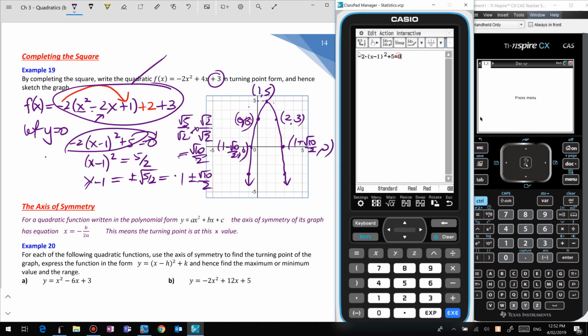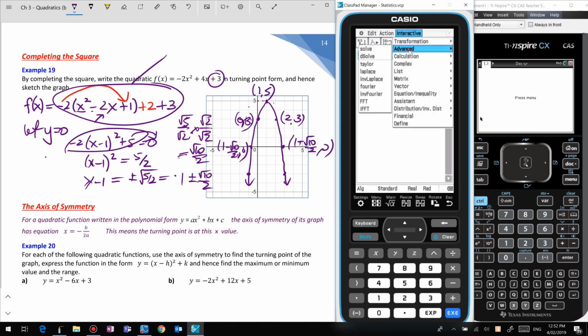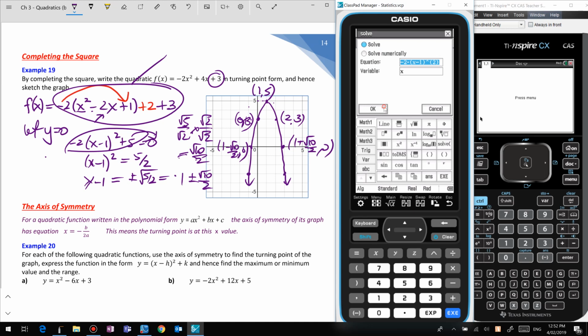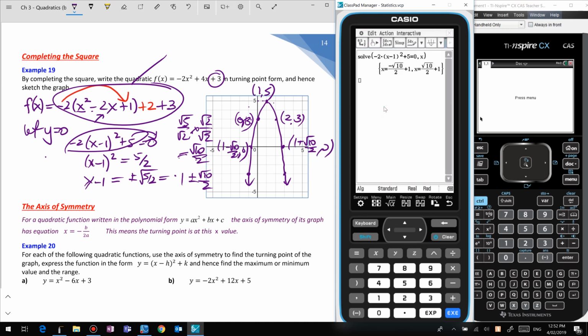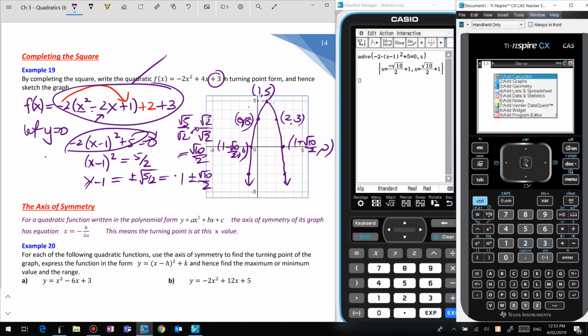Make sure it's in standard because you want exact answers, interactive, advanced, and solve, and we get negative root 2 on 10 plus 2, negative root 10 on 2, negative root 10 on 2 plus 1, negative root 10 on 2. Minus that, we get exactly the same thing we got before.